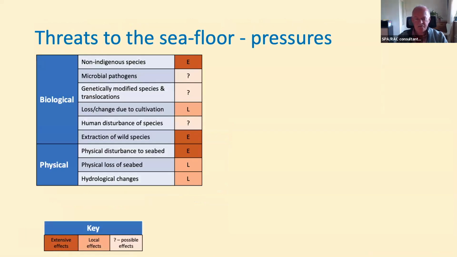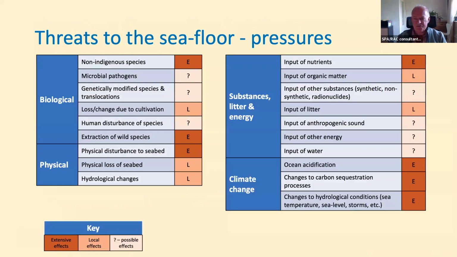Now, by way of threats to the seafloor, I looked at the range of threats that are defined in the Marine Strategy Framework Directive. This is the list of threats and pressures that are used in that system, and I tried to get a handle on the importance of the different threats for the seafloor.